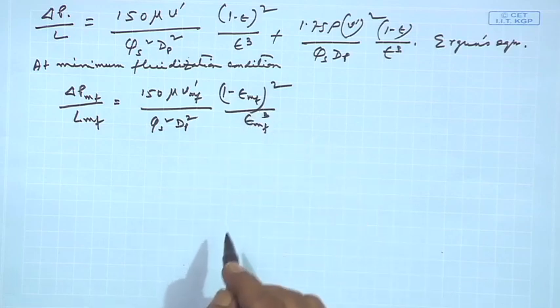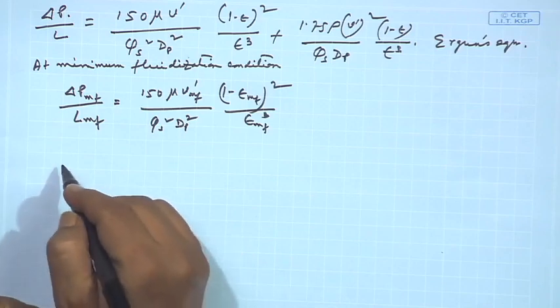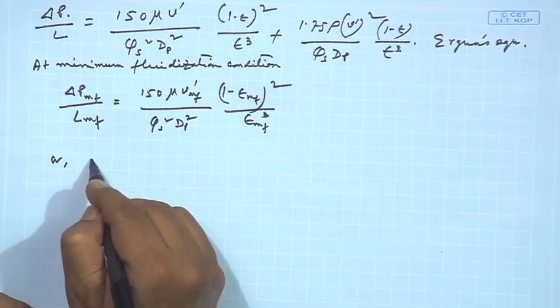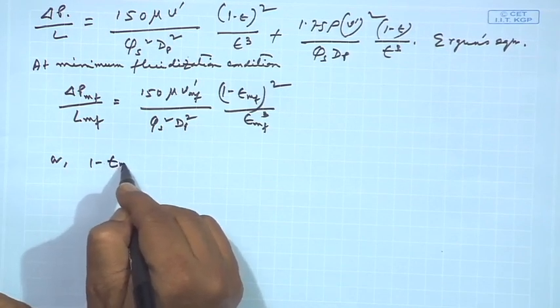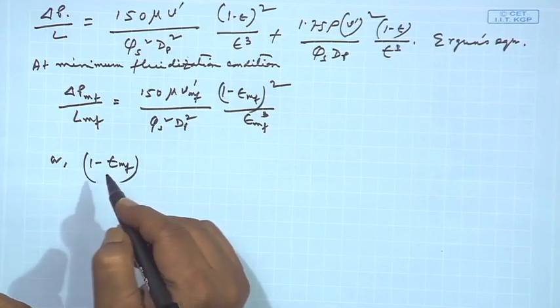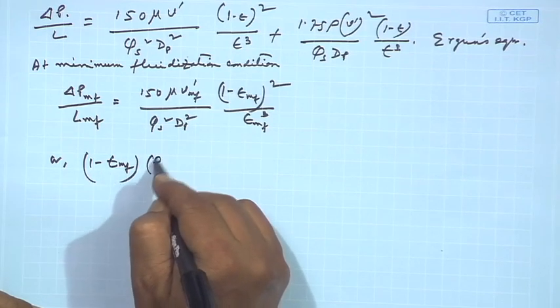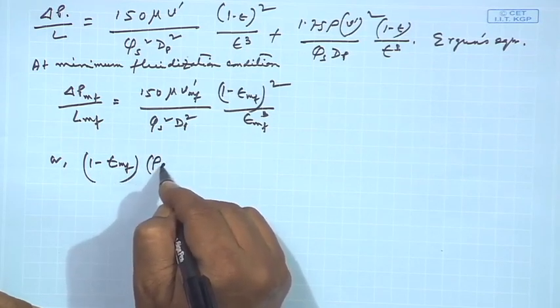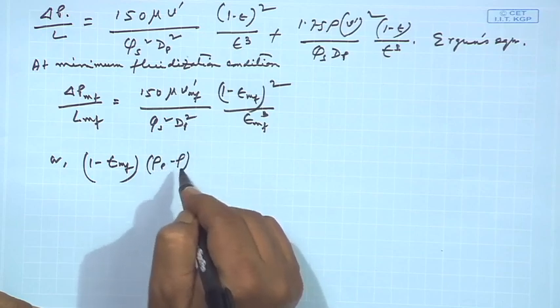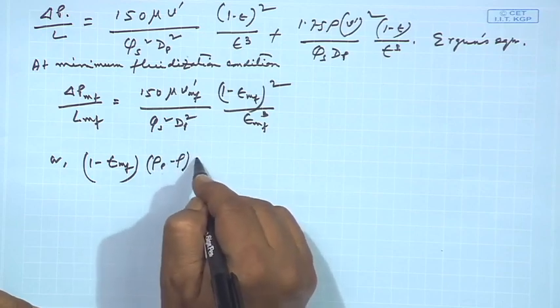So, this we can rearrange as (1 minus epsilon MF) times (rho P minus rho) into g.